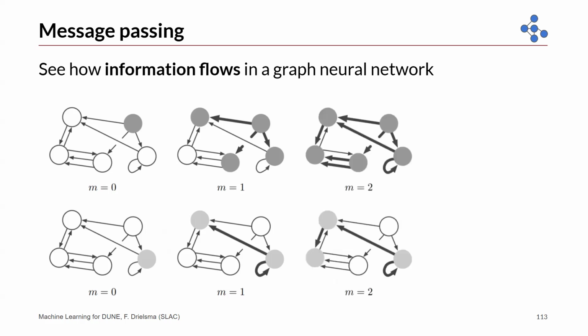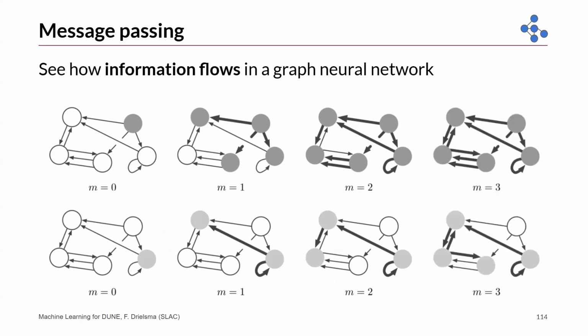With the second step of message passing, the information from this original node now has traveled the entire graph. So all of the nodes in the graph actually have the information from that node that we started with. And at the end, you see we've covered everything on the top, but on the bottom, there are some nodes that we cannot reach, right? Because we started here, and there's only directional edges from this node to other nodes. So this node just does not receive information from other nodes, which is quite particular.